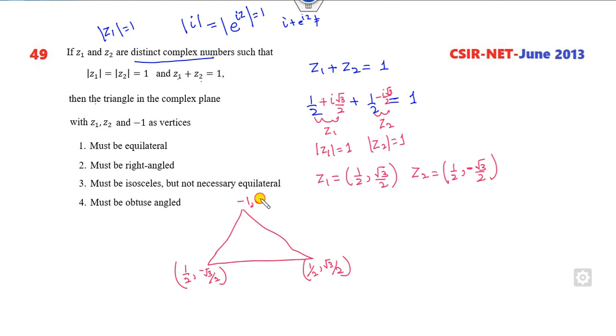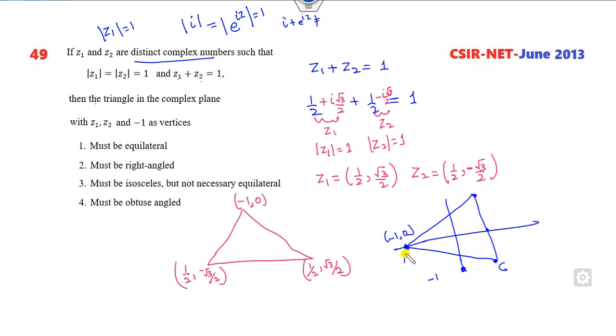The coordinate of minus 1 has imaginary part 0. Then it's an equilateral triangle. If you want to draw it properly, minus 1 comma 0 is here, x is minus 1, this is minus 1 comma 0. Half is positive, this is the second point, minus root 3 by 2 here. So these are the triangle's vertices.